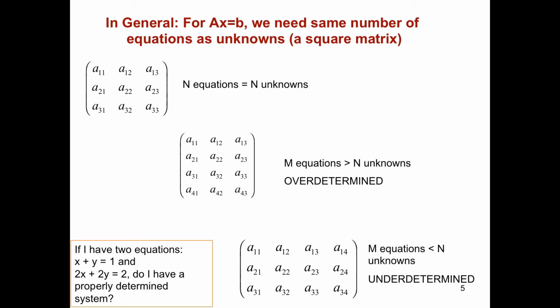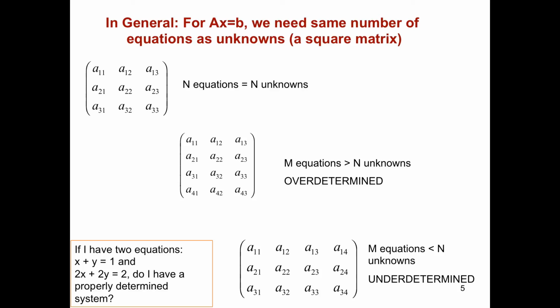So for one, in order to actually have a solution, I have to have what's called enough independent equations, meaning that I have enough information to actually solve the problem. So in the case of a 3x3 system, I will have to solve for 3 unknowns, so I will have to have 3 equations to solve for it properly.